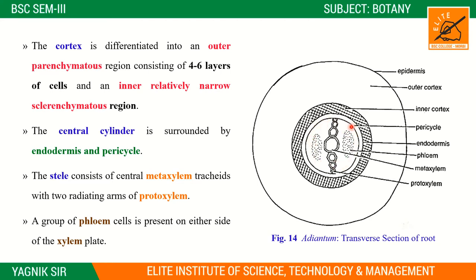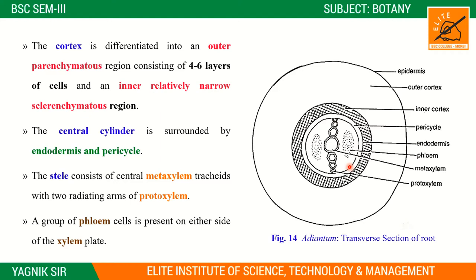Normally this system is present in primitive land plants, right? And this is also called the protostele, right? In protostele, normally the xylem is surrounded by phloem, so do not get confused in the stele.